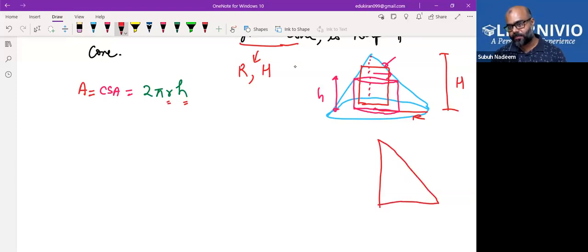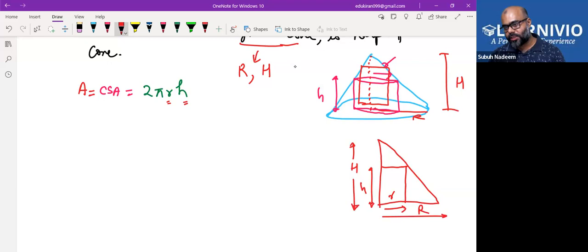I'm drawing it in another figure. So this height is capital H from here to here, which is the height of the cone. And this is the right portion of the cylinder, and its height is small h. This is the radius of the cylinder, which is small r, and this is the radius of the cone, which is capital R. So this type of figure we are getting.